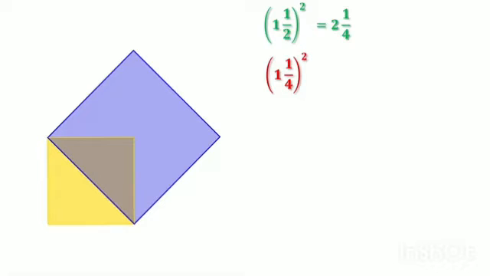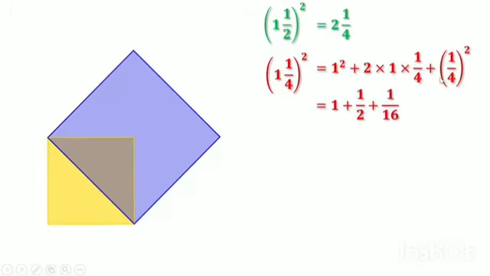That is square of the first number plus 2 into first number into second number plus square of the second number. So this can be written as 1 squared plus 2 into 1 into 1 by 4 plus (1 by 4) whole squared. 1 squared is 1, 2 into 1 is 2, 2 into 1 by 4 is 1 by 2, and (1 by 4) squared is 1 by 16.